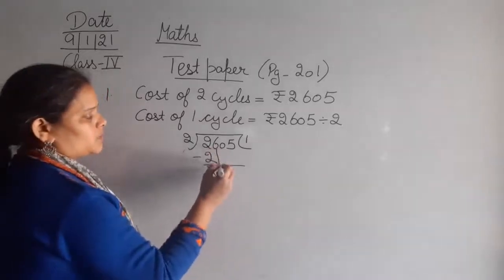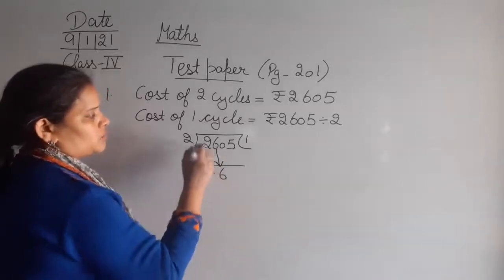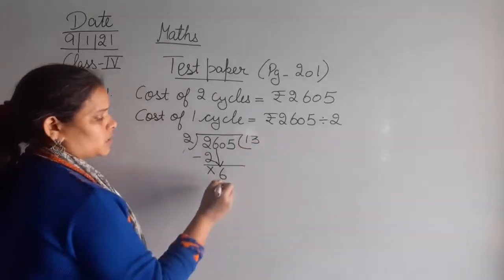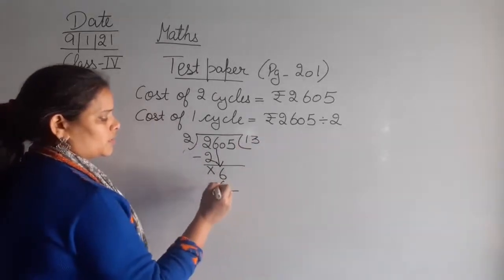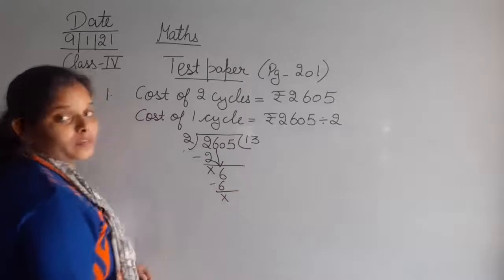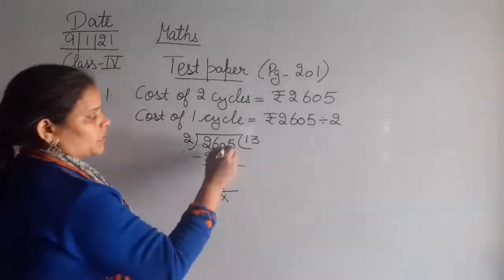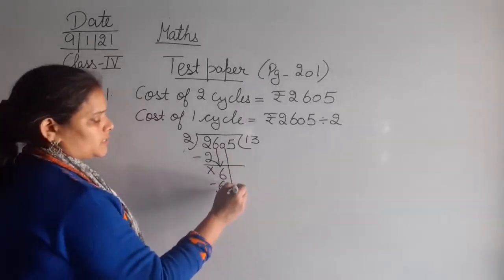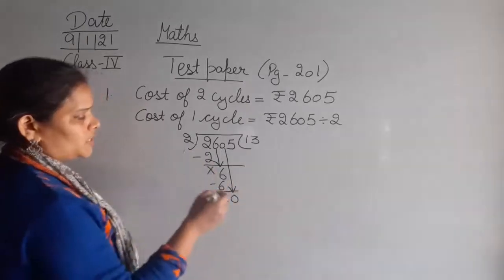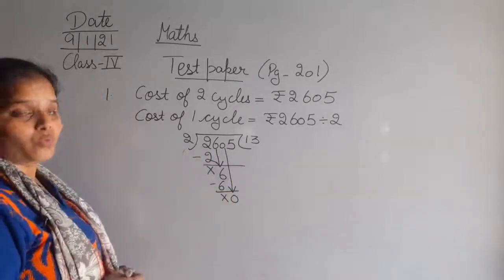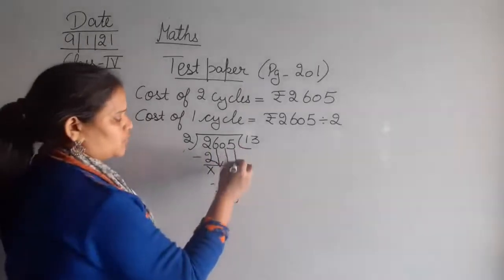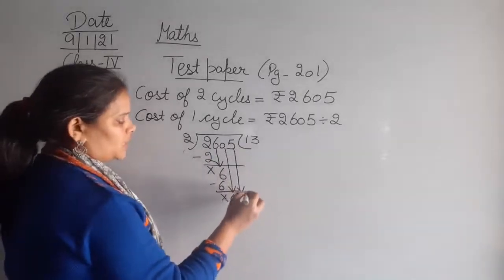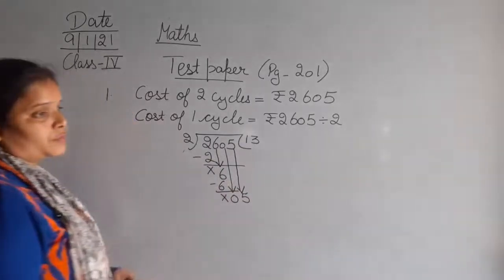Next we will bring down 6. 2 3s are 6, 6 minus 6, nothing will be here. Let's bring down the next digit, that is 0. Can you divide 0 with 2? No, we can't. So what will we do next? We will bring down another digit, that is 5.